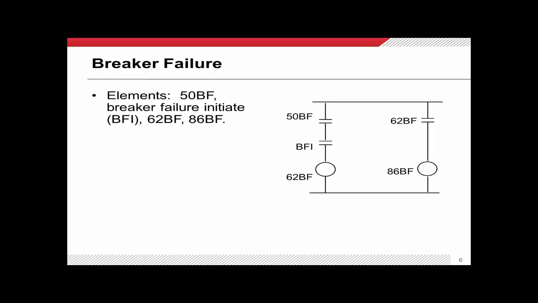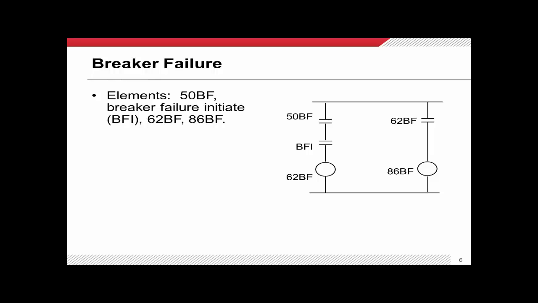And then, because you only want your breaker failure scheme to work when you truly have faults on the system in general. Now there's an exception to that I'm going to cover here, kind of a philosophical thing that some utilities practice. But in general, you want to only have this happen when there are faults.